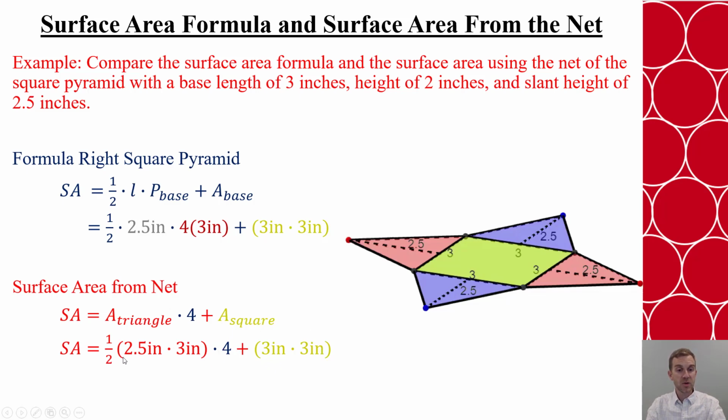And if I do a little bit of rearranging using my associative and commutative properties, look at what that becomes. 1/2 times 2.5 inches times 4 times the 3 inches plus the area. It's the exact same thing. It's just a matter of how we go about understanding how that surface area is constructed. Sometimes creating that net could be the best way for us to understand how to determine the entire surface area.